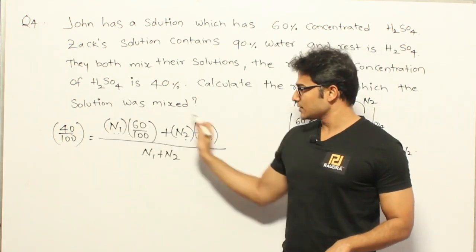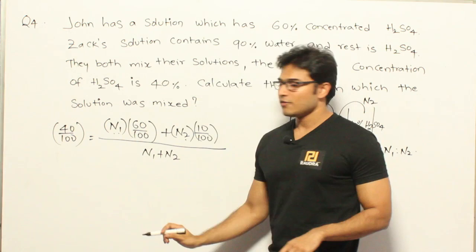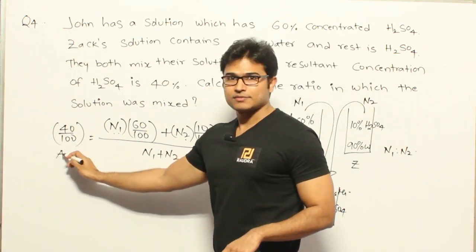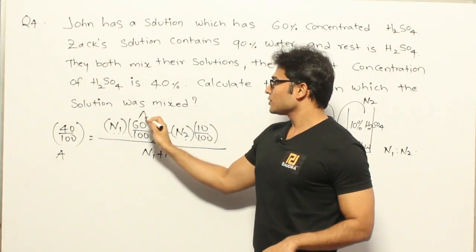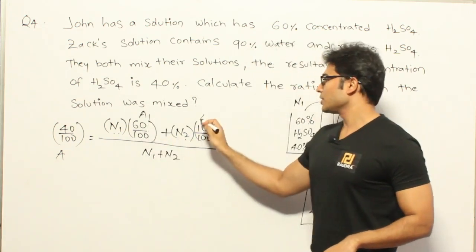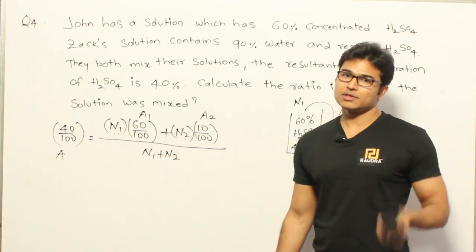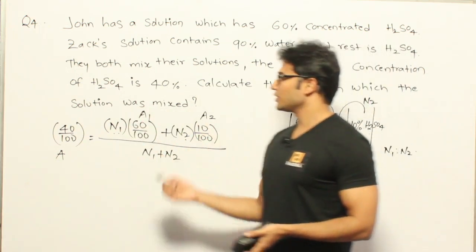Now if you see this, it is in the Allegation formula, right? You can compare it to the final average, the average of one group, and the average of the other group, then it is exactly the formula you have seen in alligations. Now what do you know in that formula?